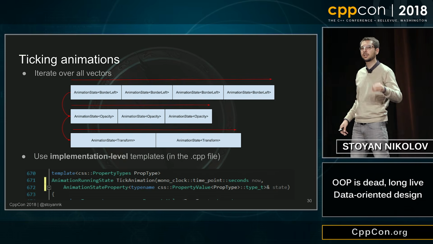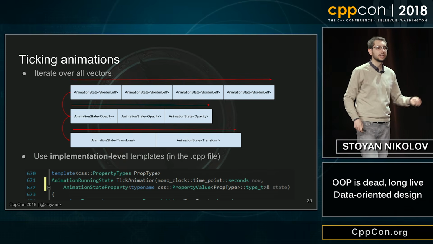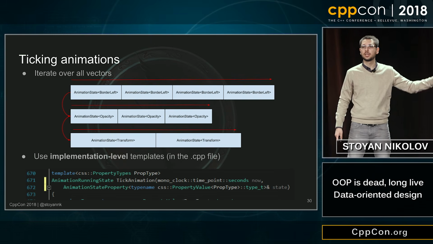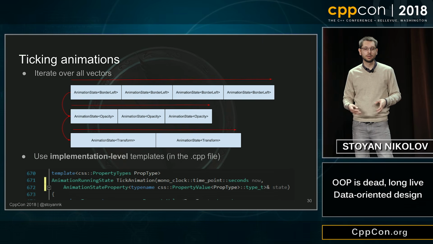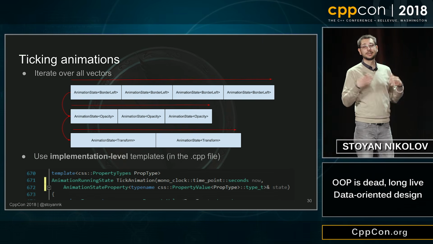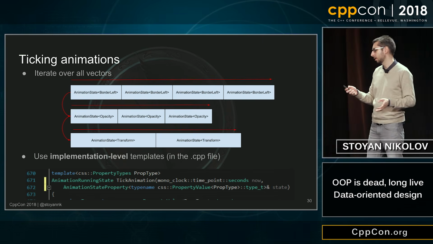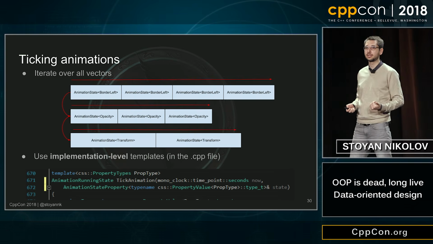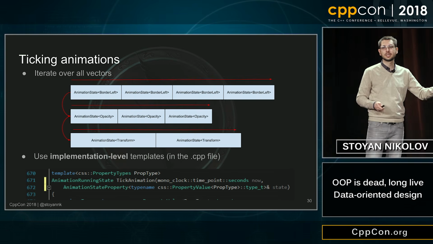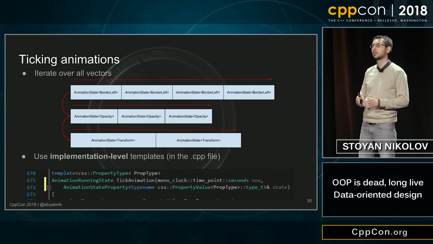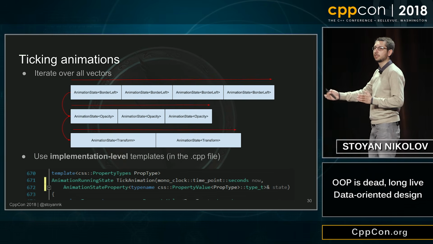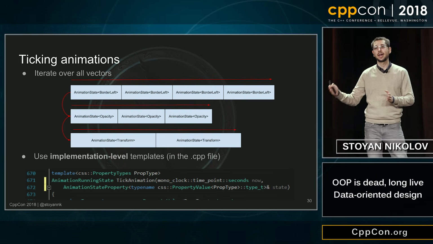So instead of having one cache miss for each animation, as it was in the object-oriented case, so O(N), we're actually having one cache miss for each type of animation, which is an order of magnitude less. Actually, in the performance example I showed earlier, there were 6,000 animations because there were 3,000 rectangles, but they were changing the color and the position.